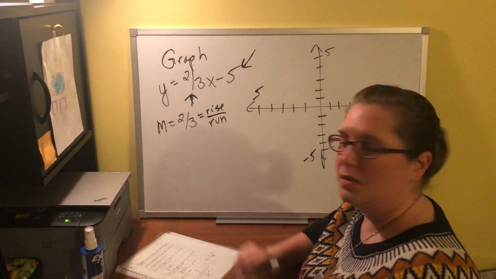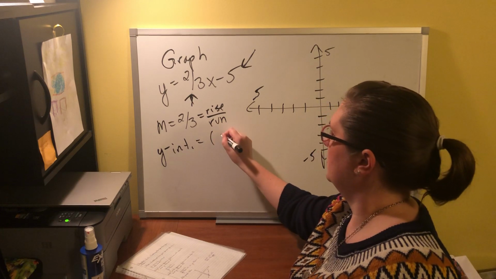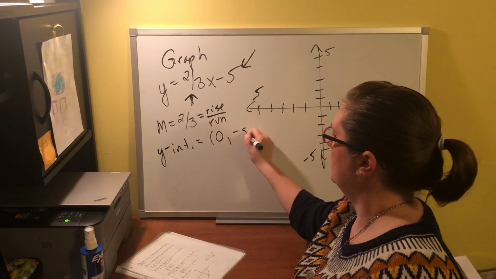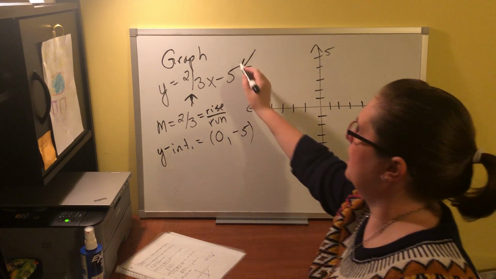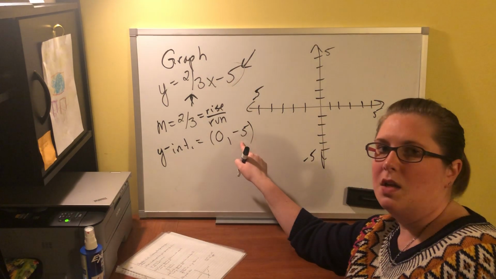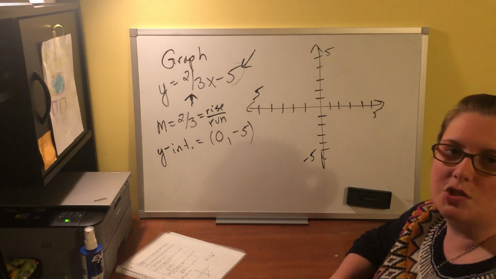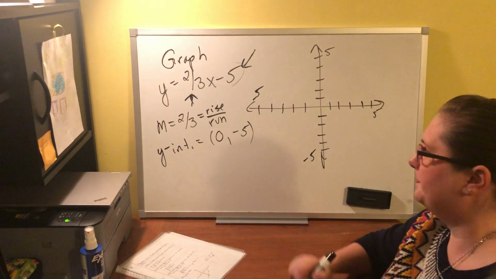They tell us the y-intercept. So when x is 0, y is -5. You take the sign with it. If that was a +5, this would be 0, 5. This is negative, so this is 0, -5. We have all the information we need to graph this equation of a line.